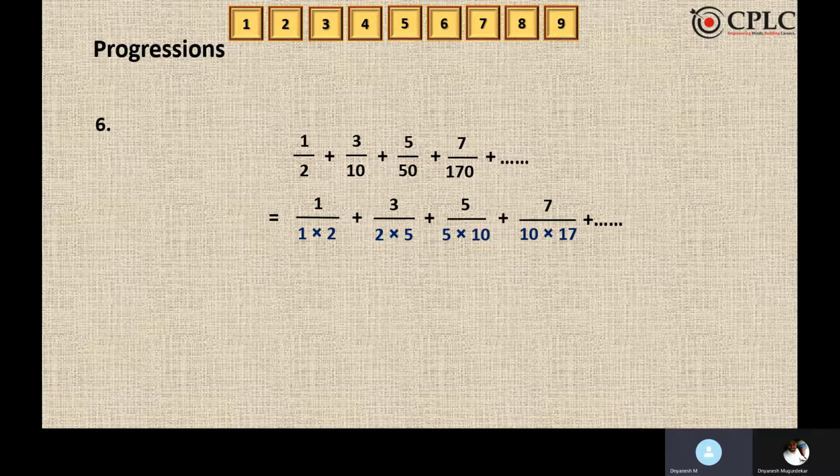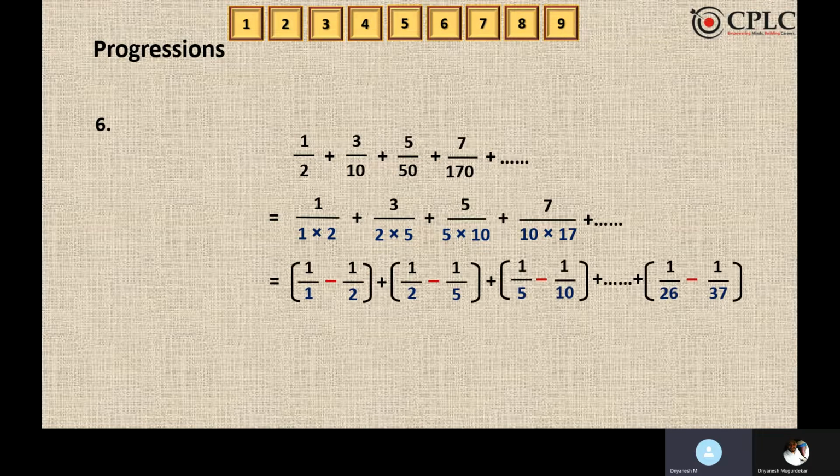So what you observe is, one of the terms in the denominator is a continuation from the previous term, and whatever the difference of the denominator is present in the numerator. So for fifth term, it will be 9 upon 17 into 26. And for the sixth term, it will be 11 upon 26 into 37.